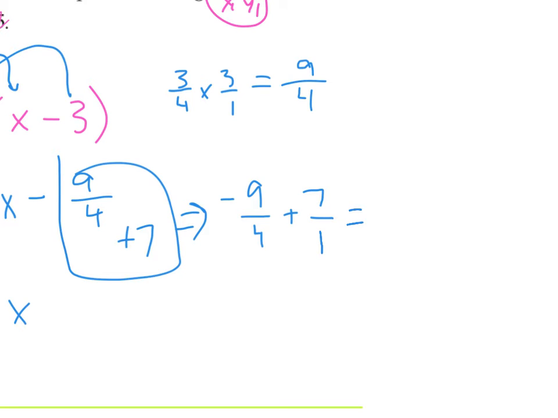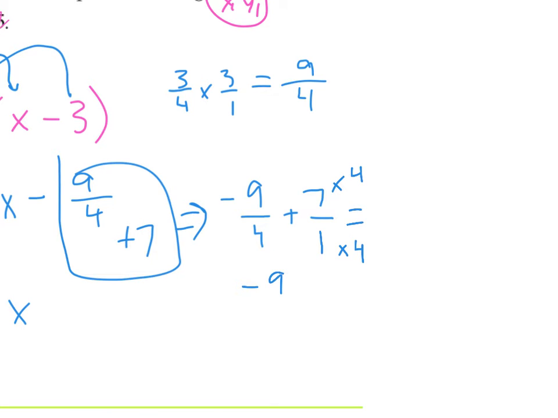How do we add fractions together? What do we need? The same denominator. How do we get our denominators to be the same? Multiply the top and the bottom by 4.